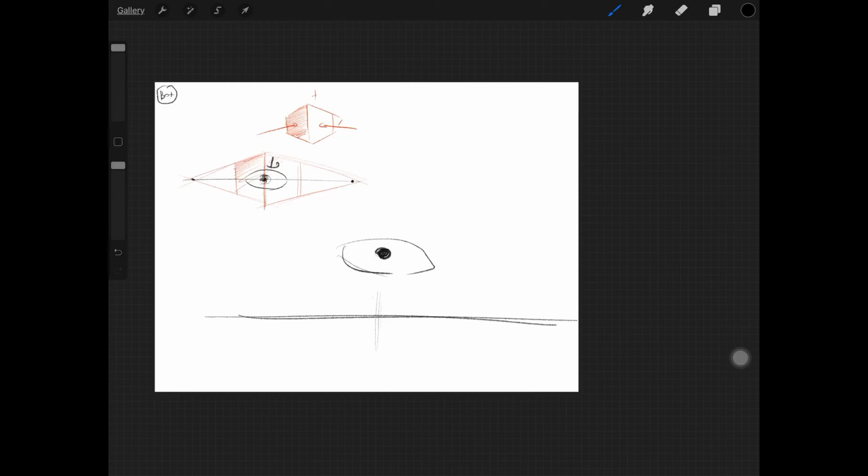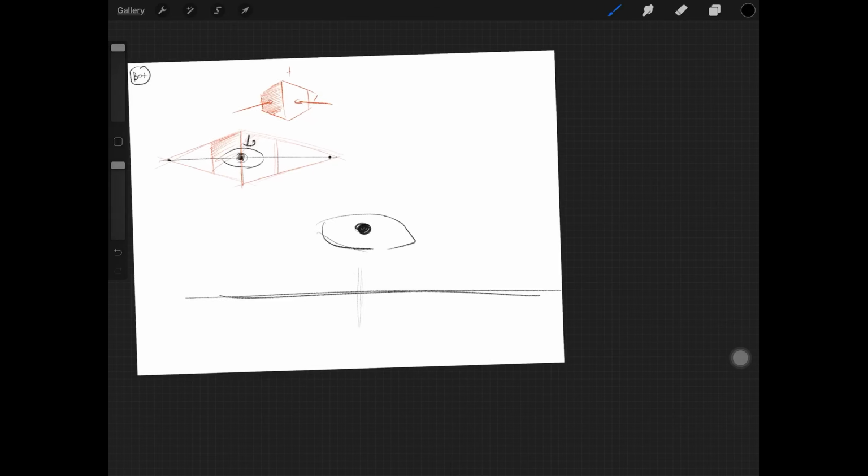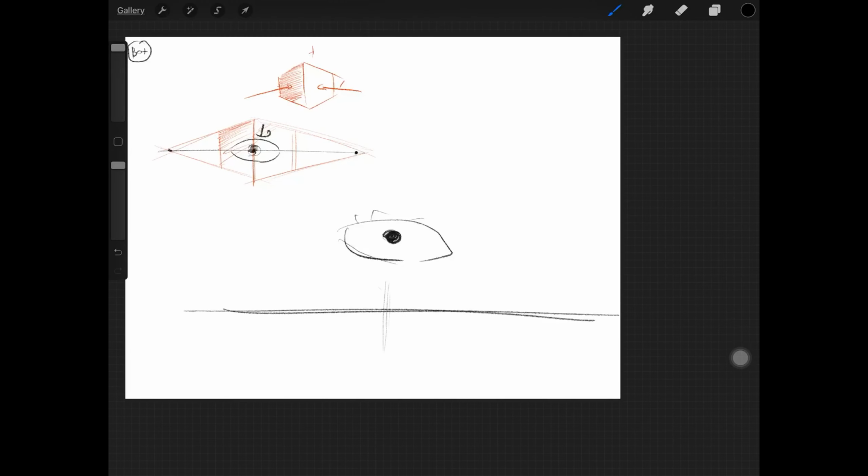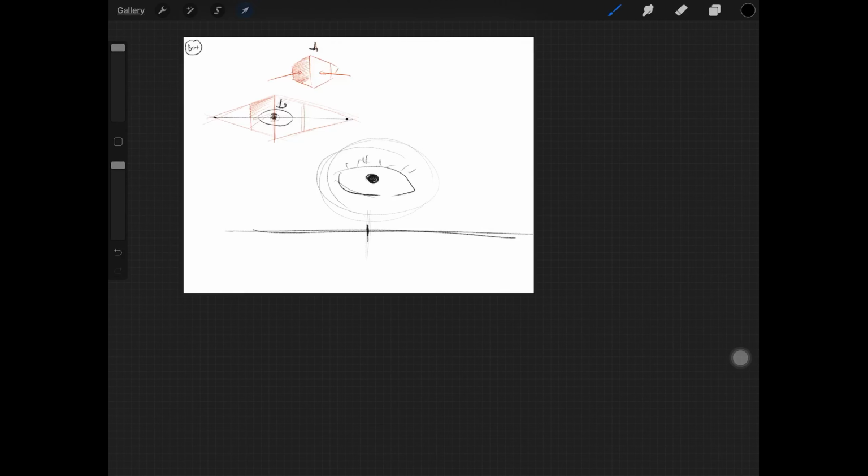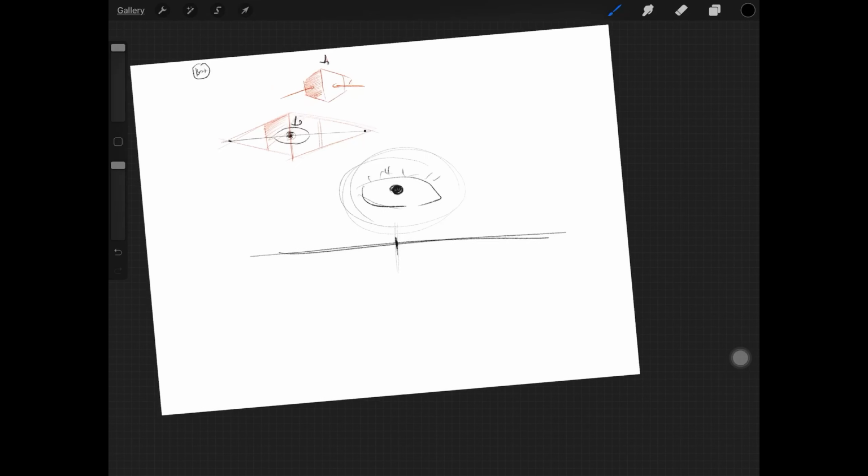Now if your eye is above the box, above your horizon line, and you can see the upper part, then we have no choice but to do this. The horizon line will always be here, but your box is below your eye. Your eye is here and your box will be here.